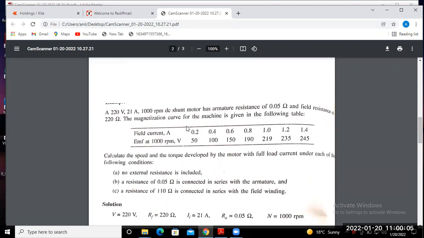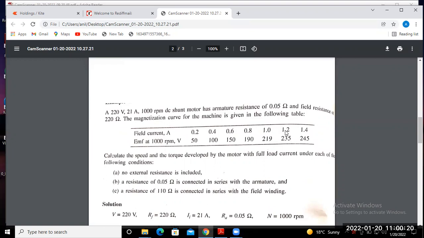The magnetization curve for the machine is given in the following table. The magnetization curve is nothing but field current versus EMF induced, that means EMF induced is directly proportional to the field current.